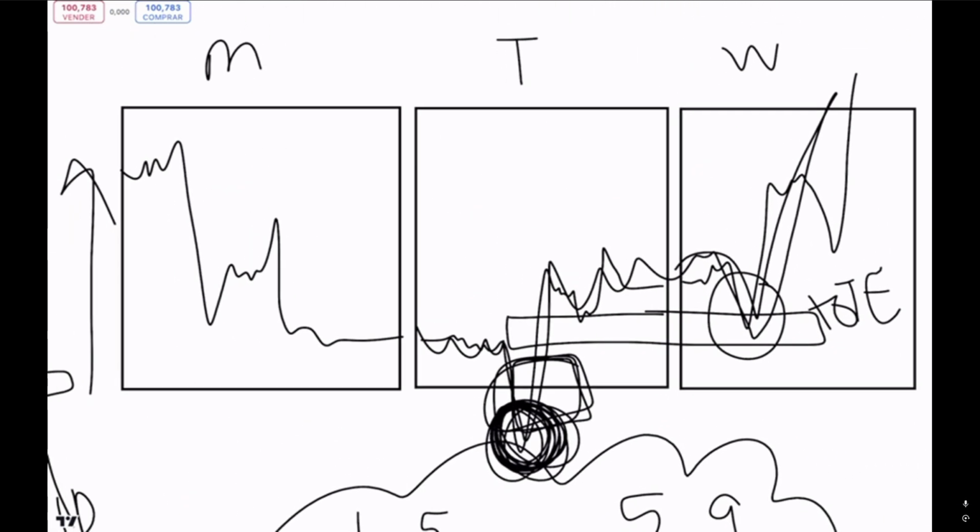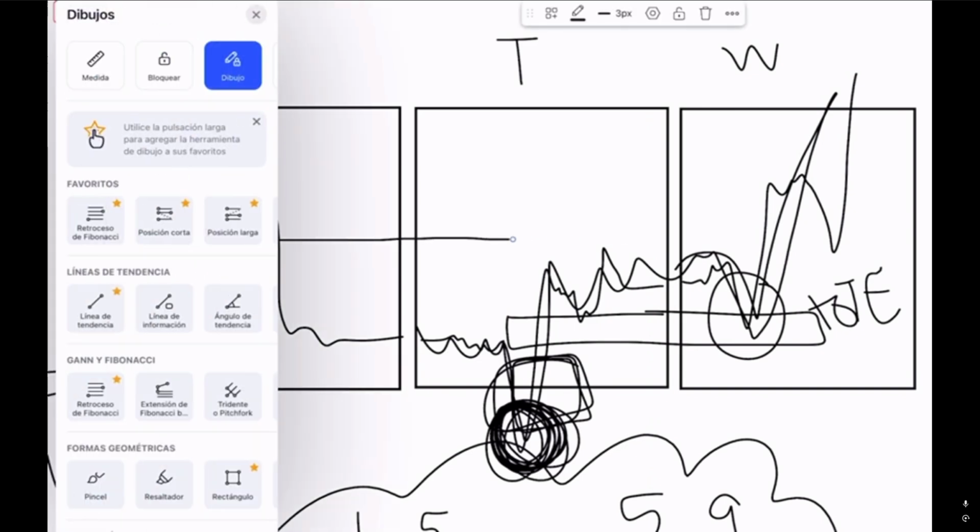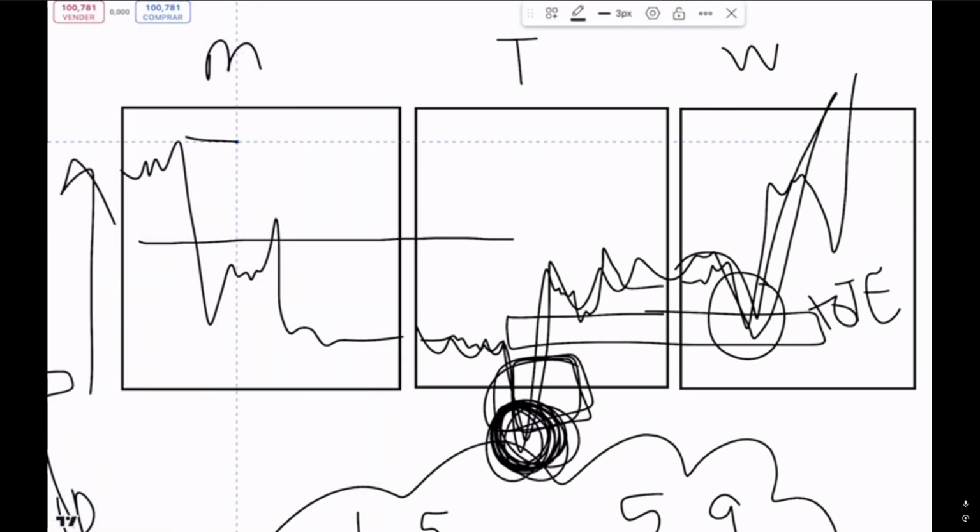Now, within this framework, you're going to use candle number 1 only as a target, nothing else, right? Targeting first the 50% of candle number 1 and the opposing end of candle number 1, right?